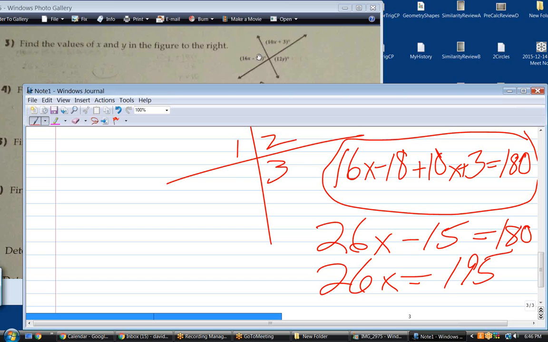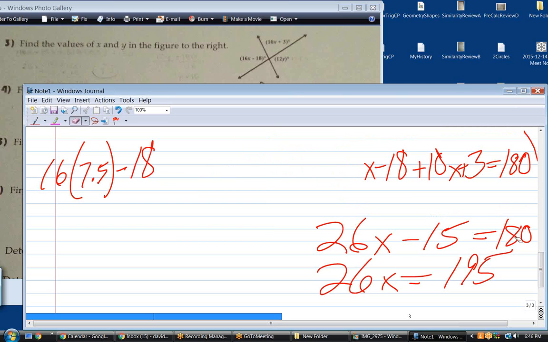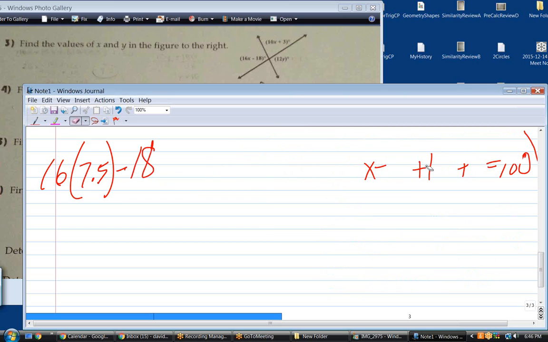So now that tells me what this angle is, right? It's 16 times 7.5 minus 18. Now, what's that going to be equal to? Those are vertical angles. Vertical angles are equal.